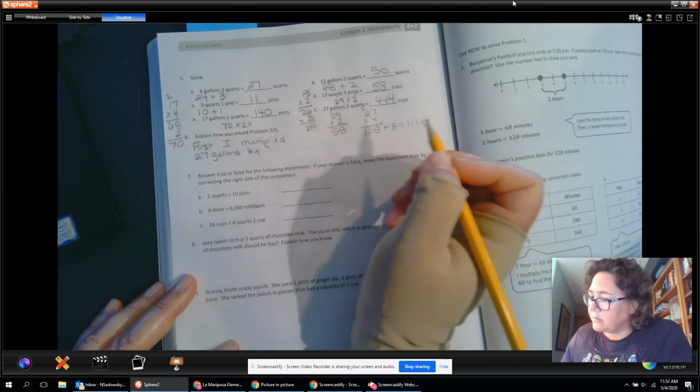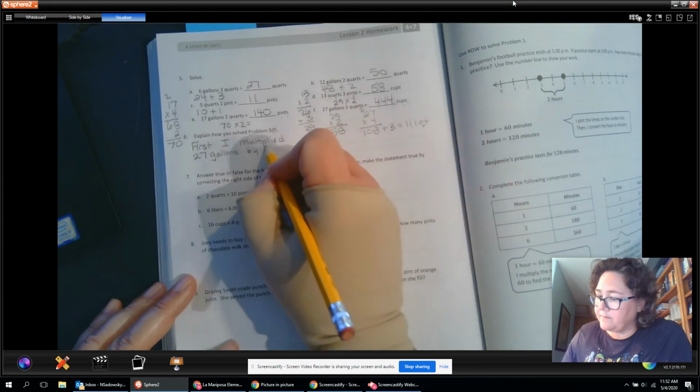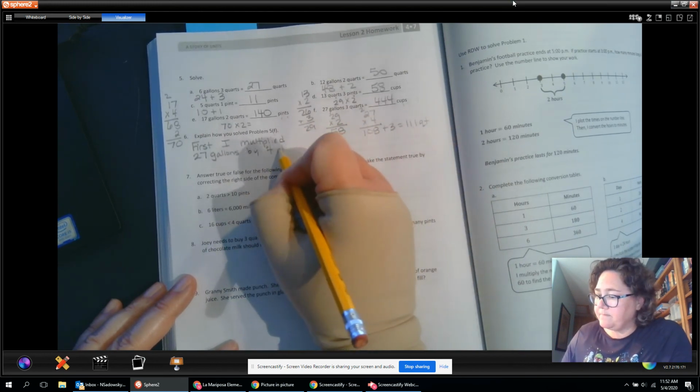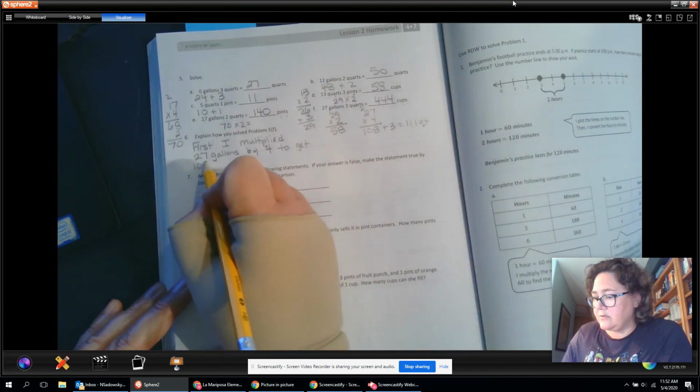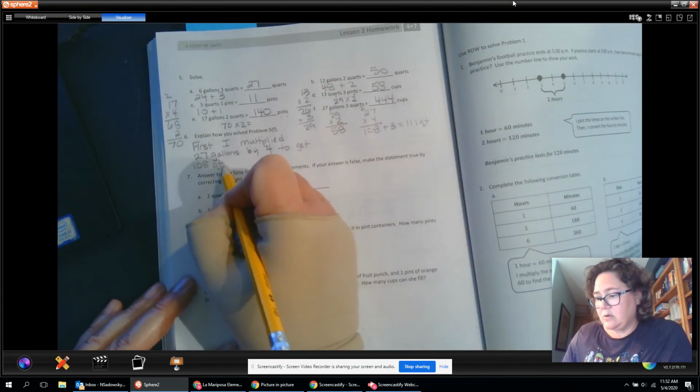No, I didn't multiply by 4. 4 to get 108 quarts.